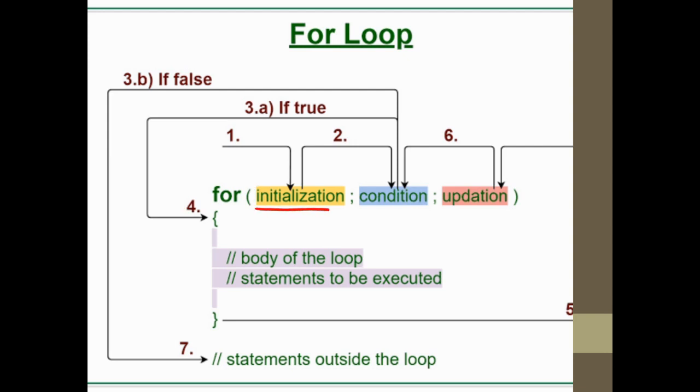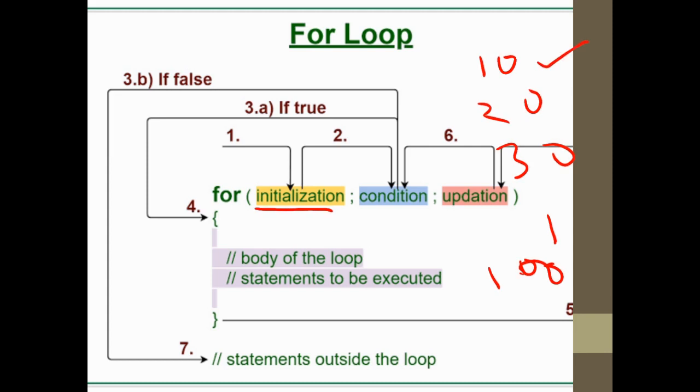First is initialization. Initialization means that you want to execute your loop from a starting point. So here you have to initialize your variable with the value from which you want to start your loop. Let's take an example: if you want to print numbers like 10, then 20, then 30, up to 100, you want to start from 10.